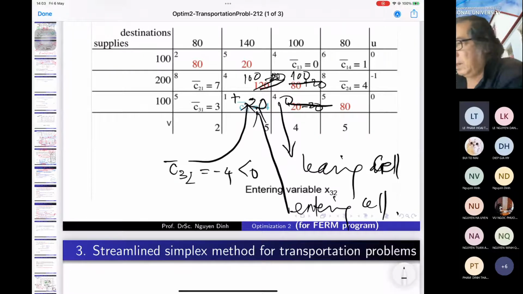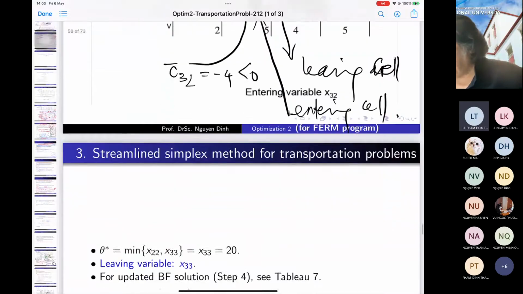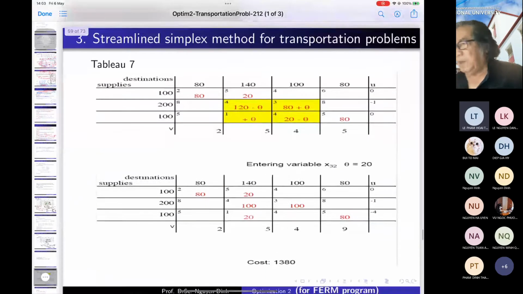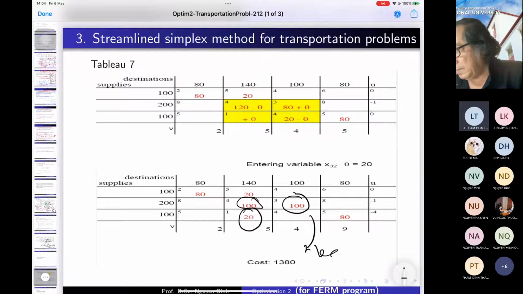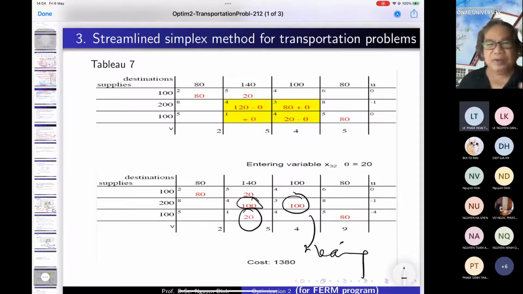And what is the updated cell table? The updated table is here: 100, 120, and this is the leaving cell already. Then you have a new feasible solution, and that's the way that we realize it.